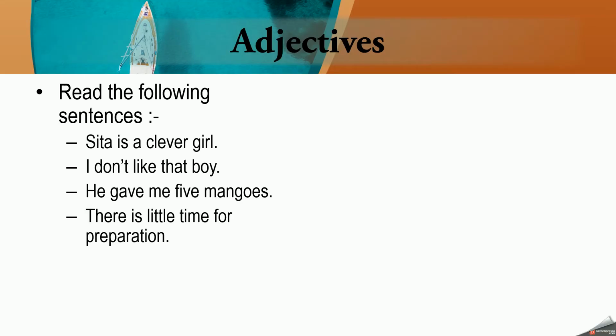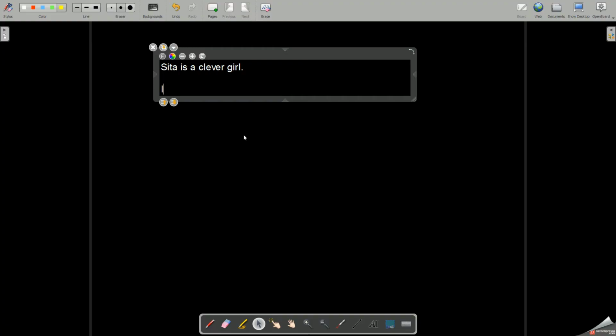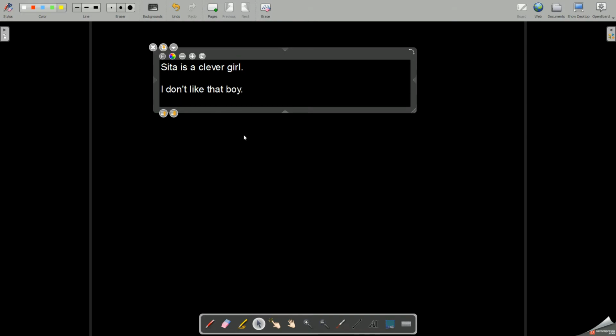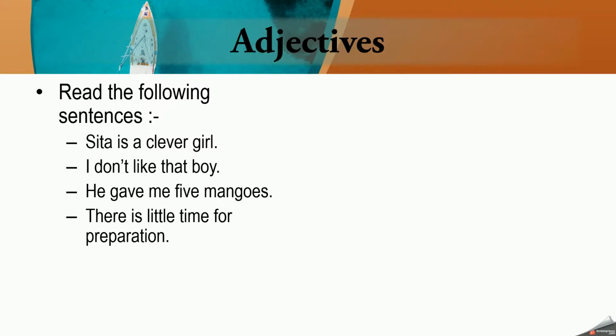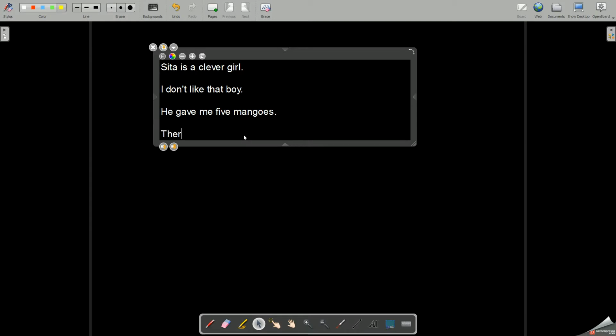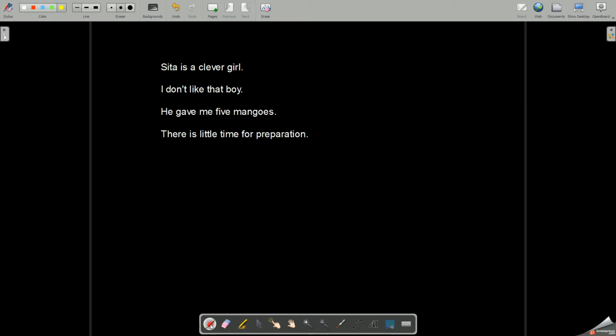In all of these sentences, you can see that there are words which describe the noun.